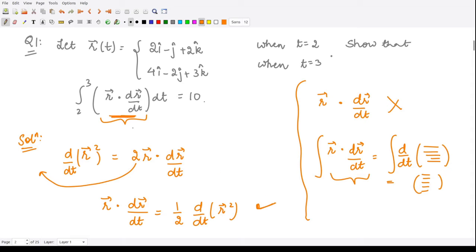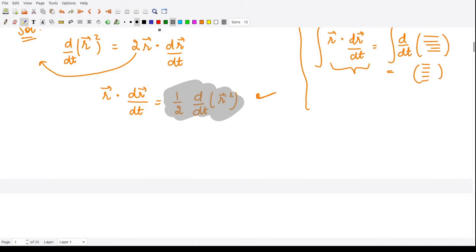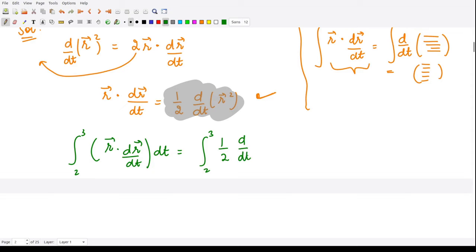Now instead of writing this thing over here, I am writing this thing. So I can write the integration from 2 to 3 of the quantity r vector dot dr vector upon dt, dt, to be equal to the integration from 2 to 3 of the quantity 1 by 2 d/dt of vector r square, dt.